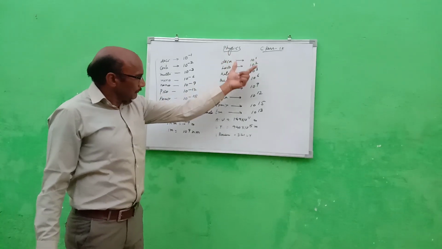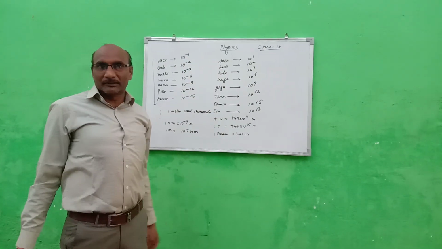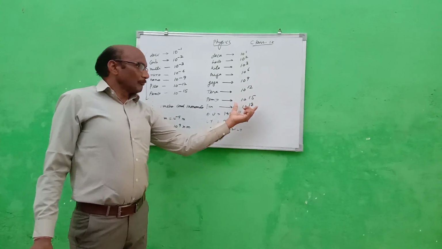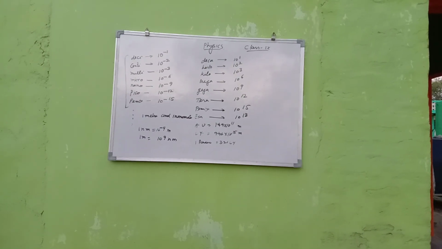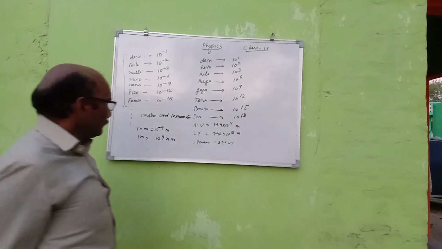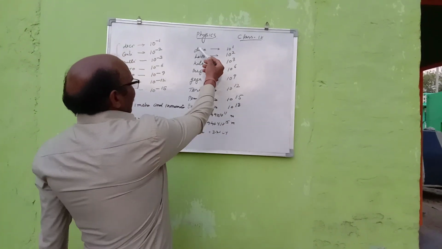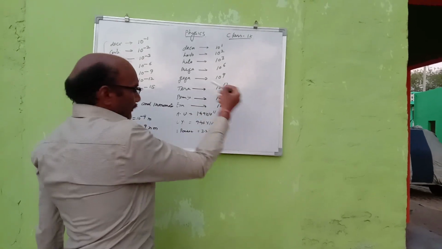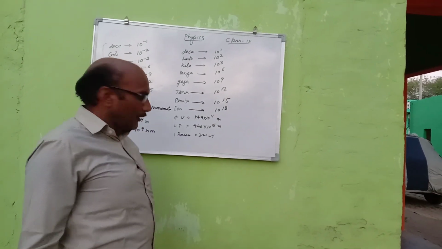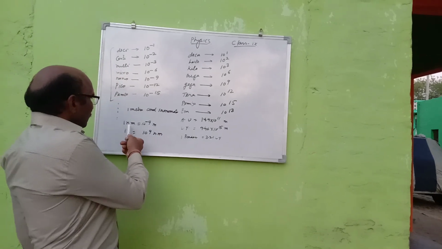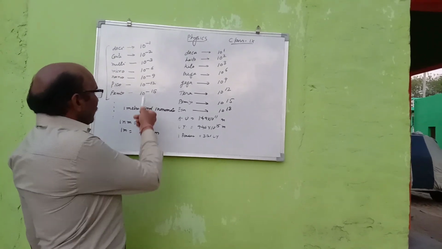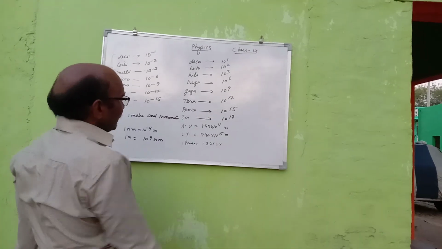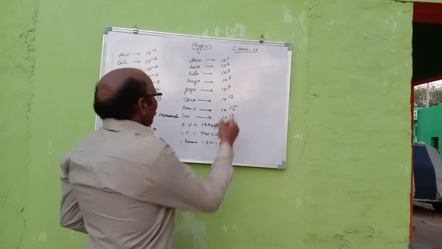These are some multiple units. Now I have discussed deca, hecto, kilo, mega, giga, tera, peta, and exa. As I told the relationship between smaller units and the basic unit, in the same way we will get the relationship between these units.